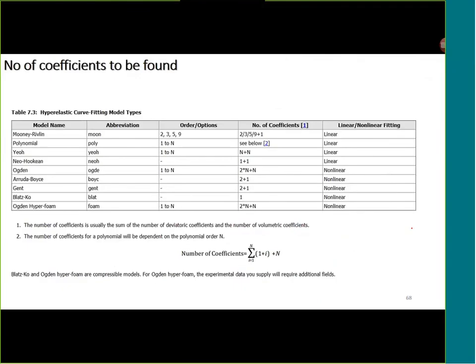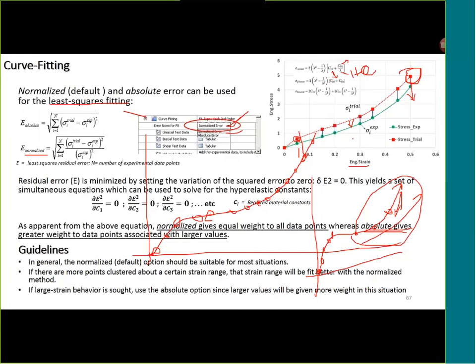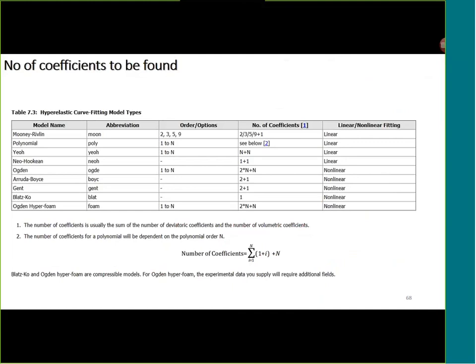The curve fitting becomes more and more complex. How accurately we can fit this curve depends on how complex your data is and how many coefficients you want to find. Okay, so this table shows for different material models how many coefficients you need to find. Some curve fitting procedures are linear, which is quite simple.